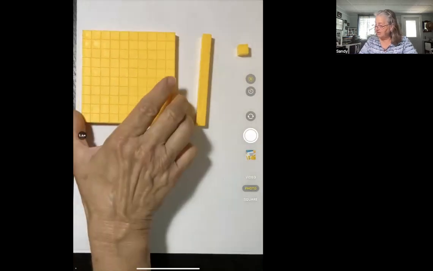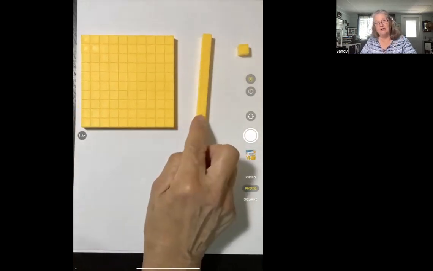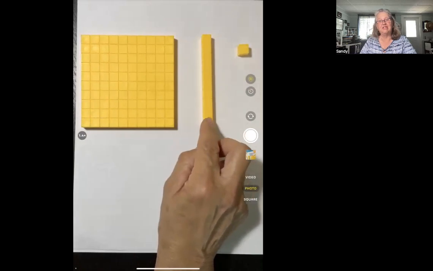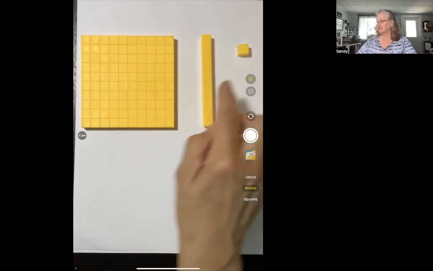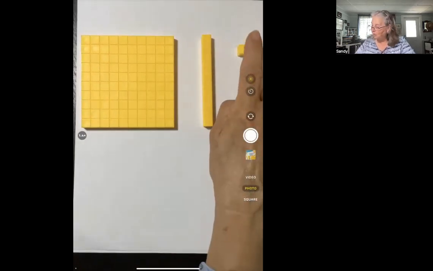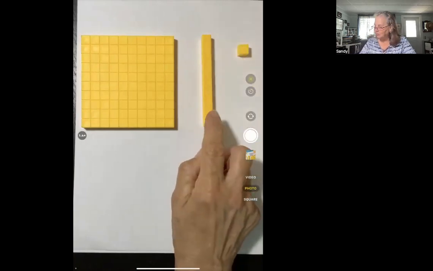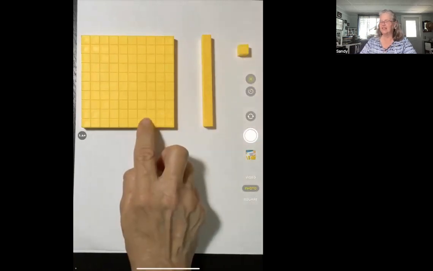The number in the hundreds place is 10 times greater than the one next door, than the number in the tens place. It's 100 times greater. Or this is 1/10 the size of this. This is 1/10 the size of this.